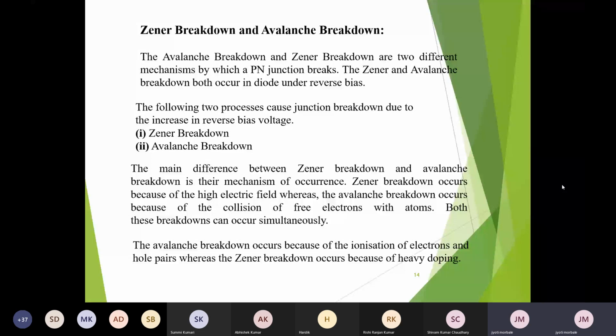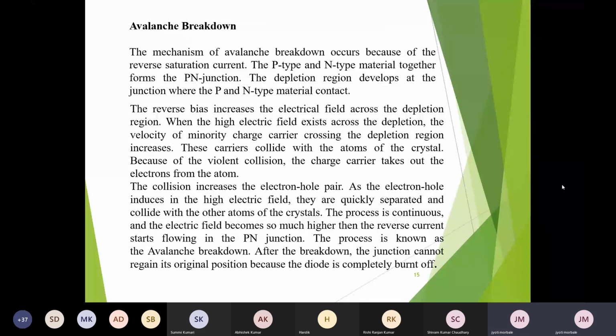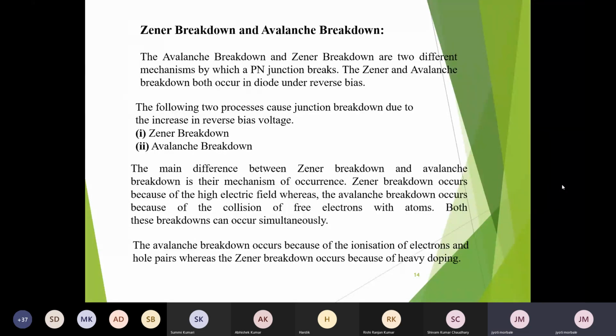So this is about the breakdown. Now we are going to see what is meant by avalanche breakdown and what is meant by Zener breakdown. First see what is avalanche breakdown. दोनों ब्रेकडाउन ही हैं, दोनों रिवर्स बायस में ही होते हैं, दोनों में करंट में शार्प इंक्रीज होगा, दोनों में डायोड डैमेज ही होगा.